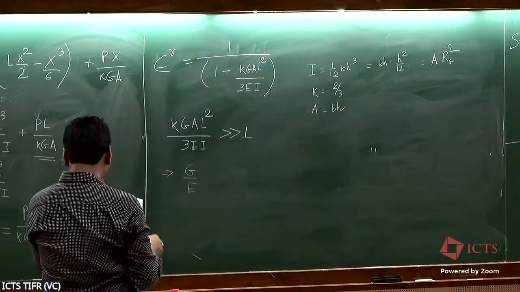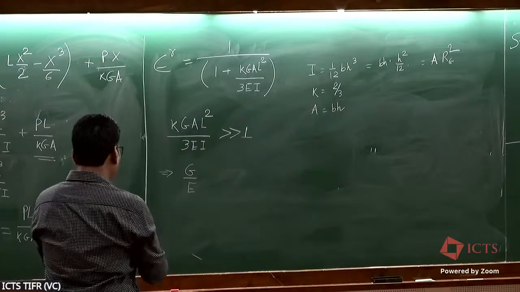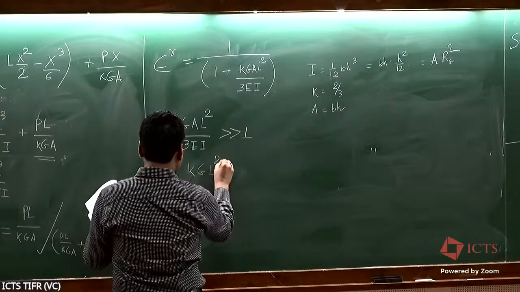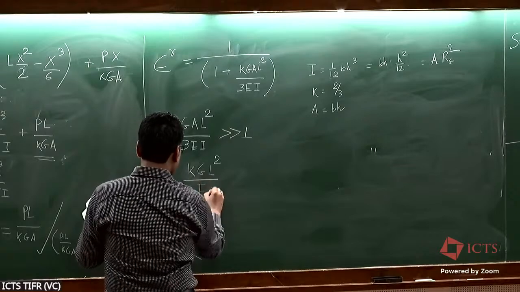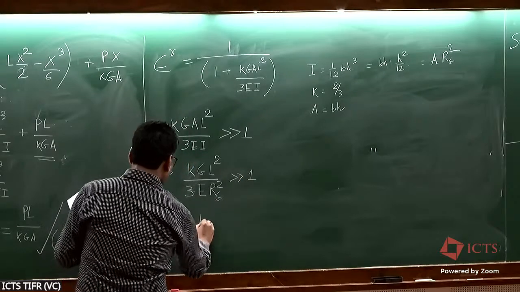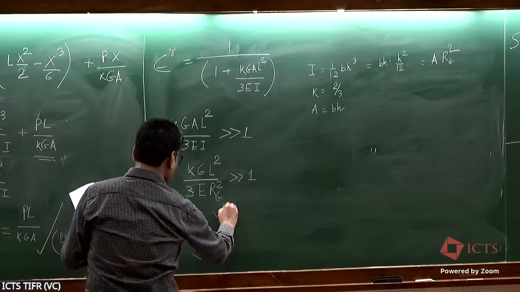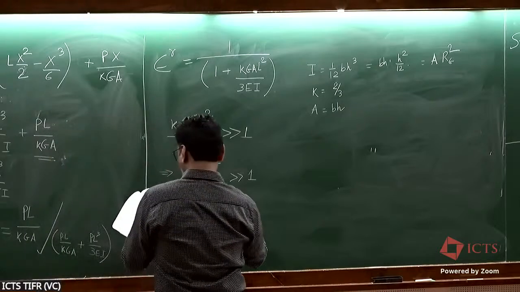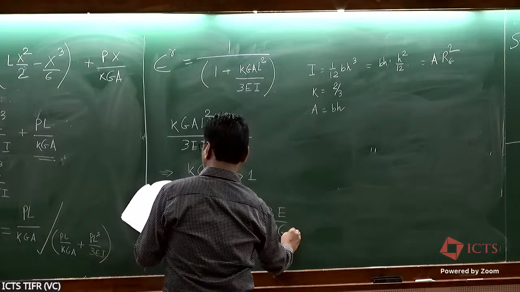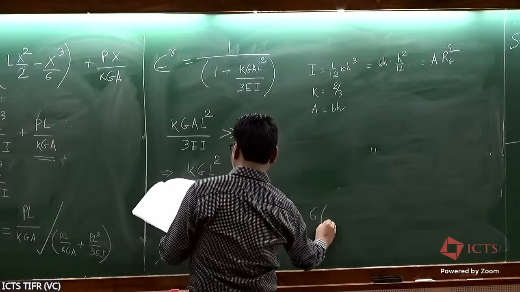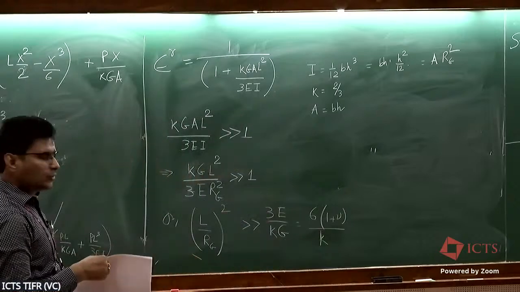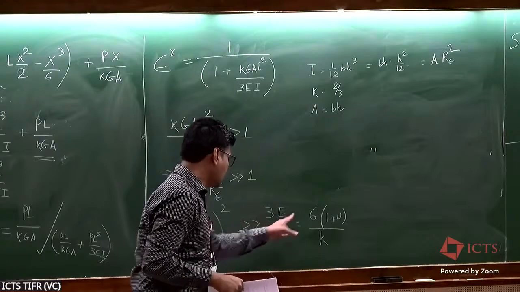So once you put all that in there, you're going to get KGL square divided by 3E RG square much, much greater than 1, or L by RG whole square, the slenderness ratio L by RG, much, much greater than 3E over KG, which turns out to be 6 times 1 plus nu over K. So L by RG should be much, much greater than the square root of this.